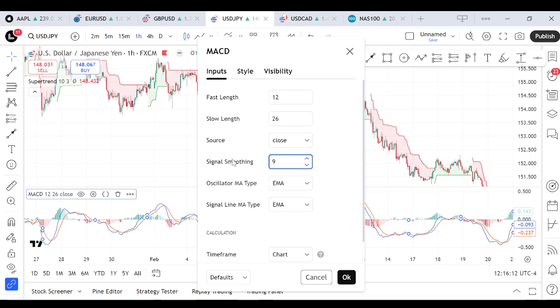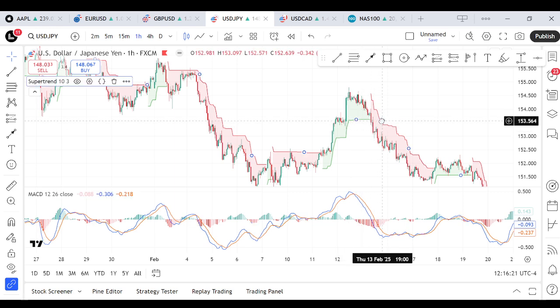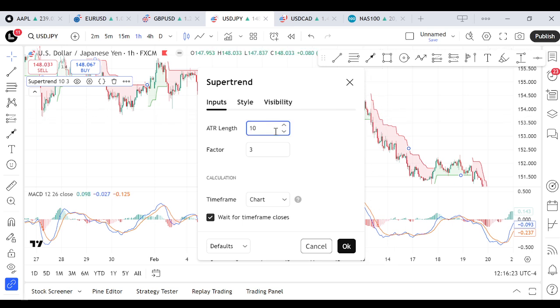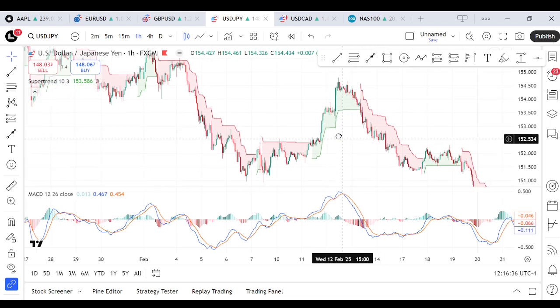The fast, the slow, and the signal smoothing, and both should be EMAs. For the Supertrend, set the ATR length to 10 and the multiplier to 3.0, just like you have here in my settings. These settings have shown good results, but feel free to adjust them based on your trading style and the specific currency pair you are trading.